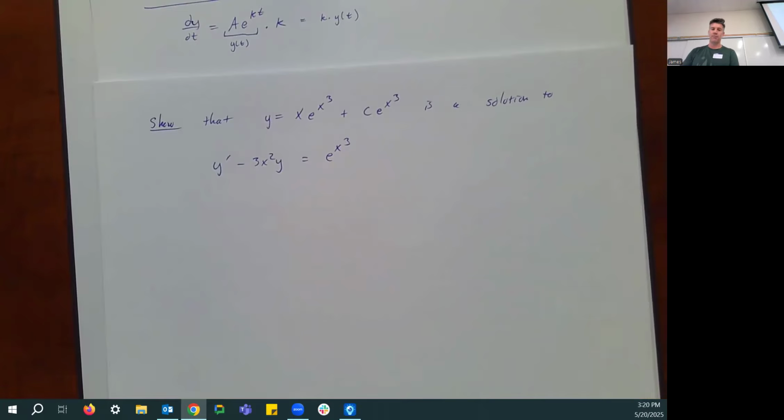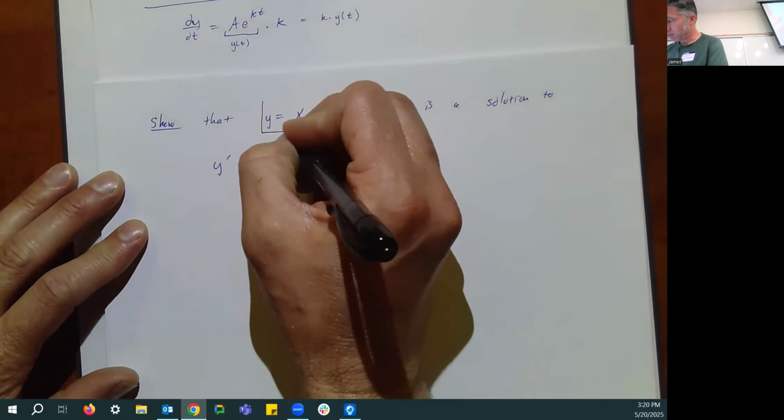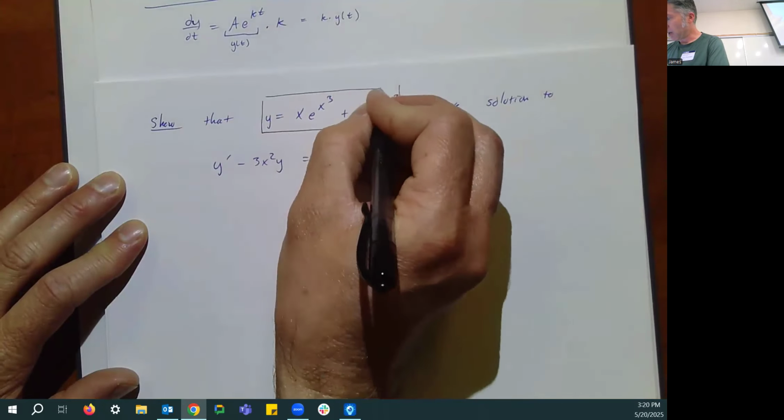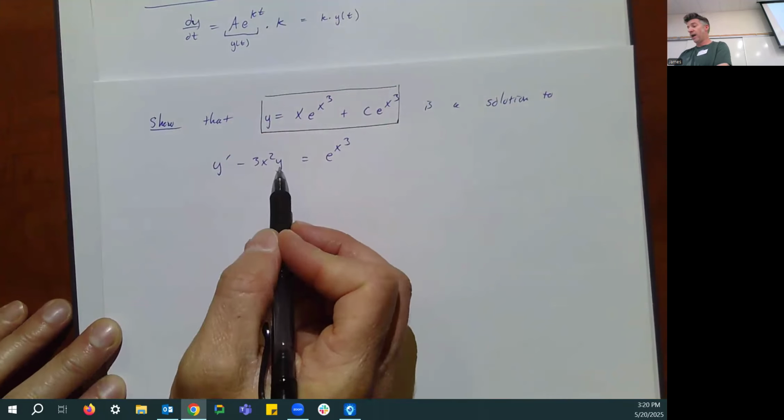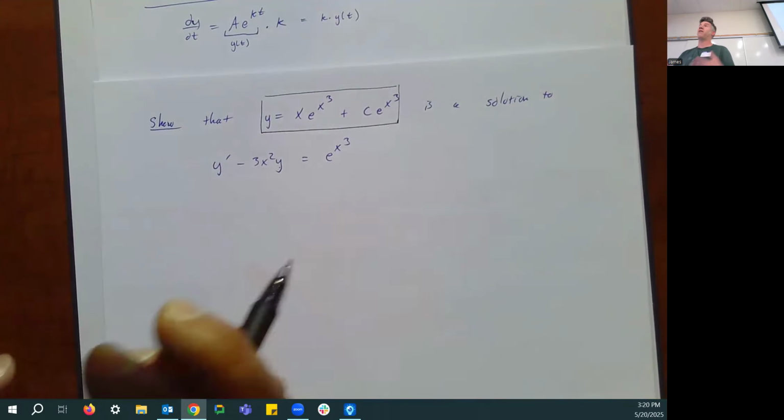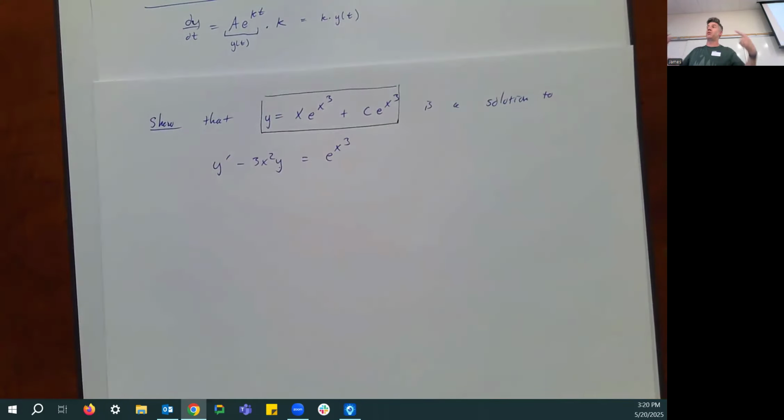Most of the time, this involves taking your proposed solution and looking at your differential equation, which has the function y and the derivative of y. So I need to find both those things to then substitute in.